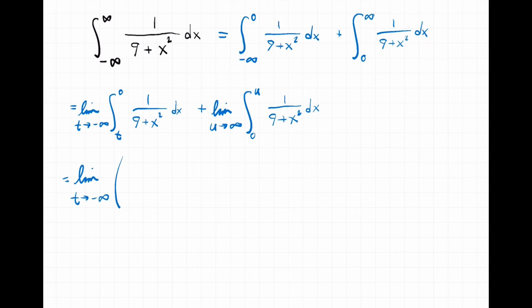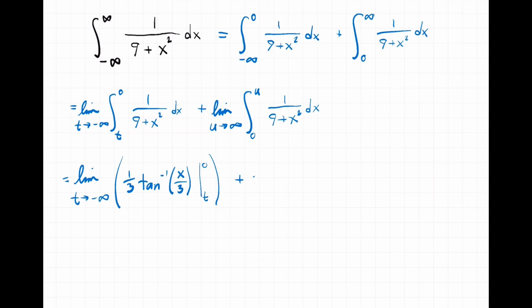If it was 1 plus x squared on the bottom, you'd know that the antiderivative was going to be the inverse tangent function. And that's still what it is. Tangent inverse, or arctangent. But instead of just inverse tangent of x, it's going to be inverse tangent of x over 3, because 3 squared is 9. And we're going to have a 1/3 in front of that. And that's going from t to 0.